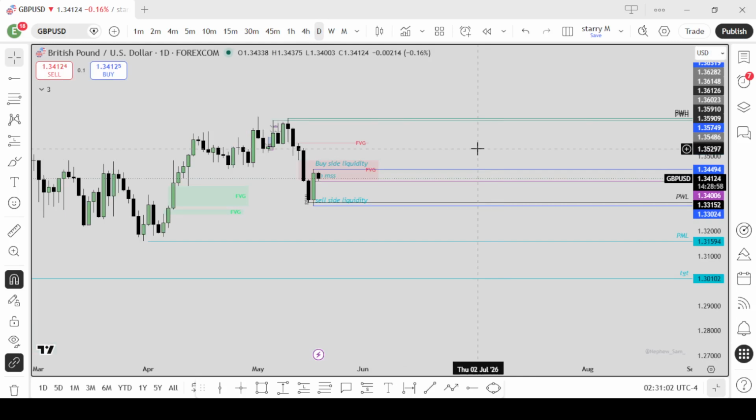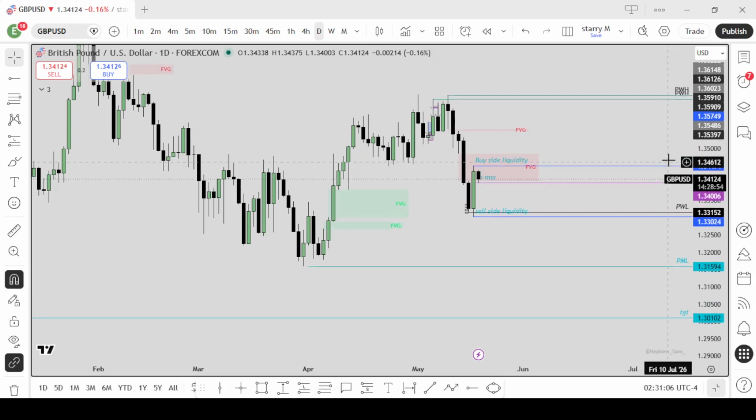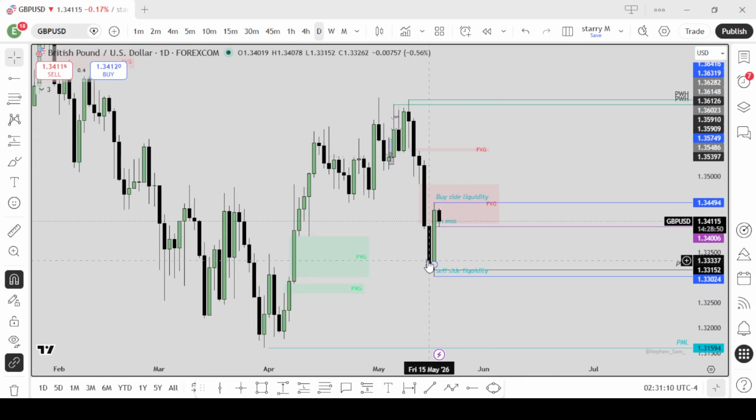Now on the GU, we are bearish. The daily has been bearish, but yesterday we made a pullback inside this fair value gap, you see. So this could actually be adequate. We don't necessarily need to see price make a higher pullback.